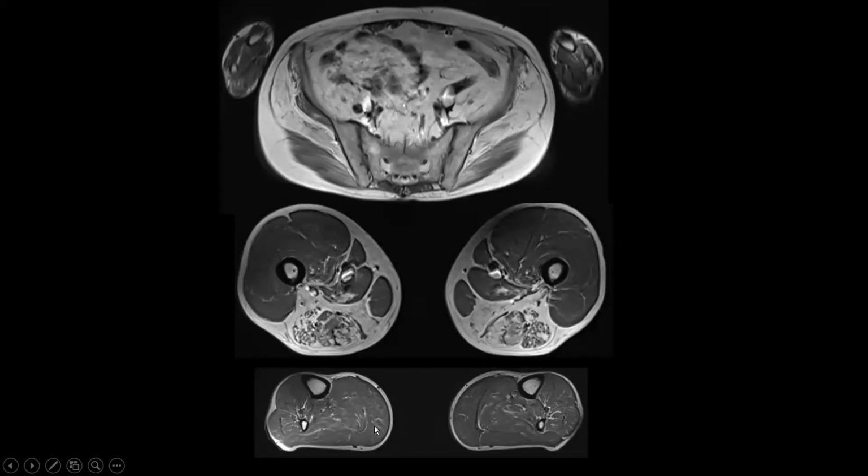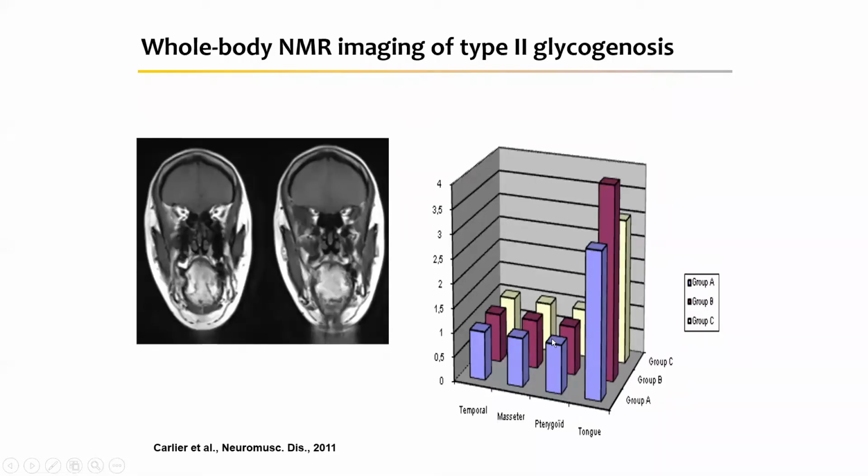When you are in this situation, it's well known that you have to think about two diagnoses, Pompe or sarcoglycanopathy. But if you do whole body imaging, you can also see, at a very early stage, a massive involvement of the tongue, something that the clinician knows very well, that the Pompe patient has a big tongue.